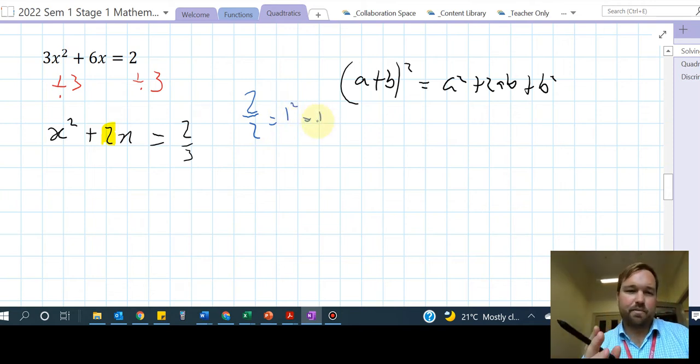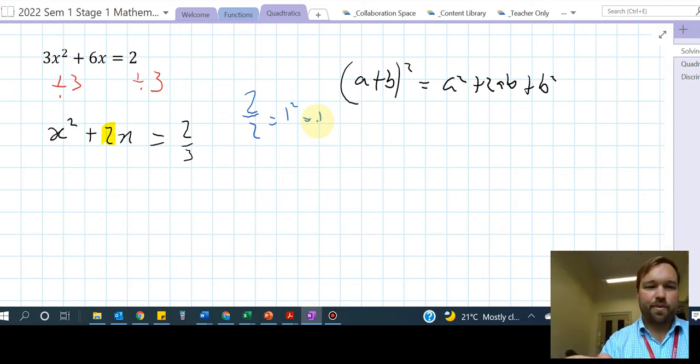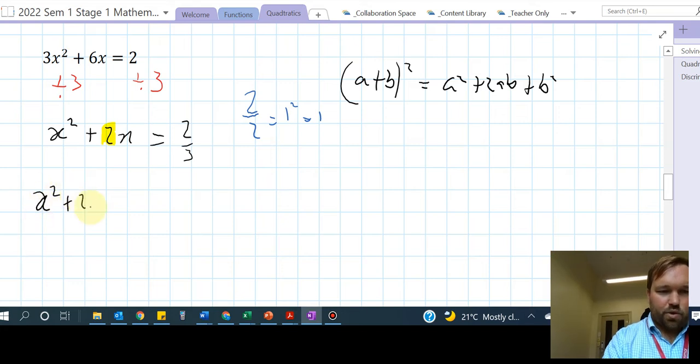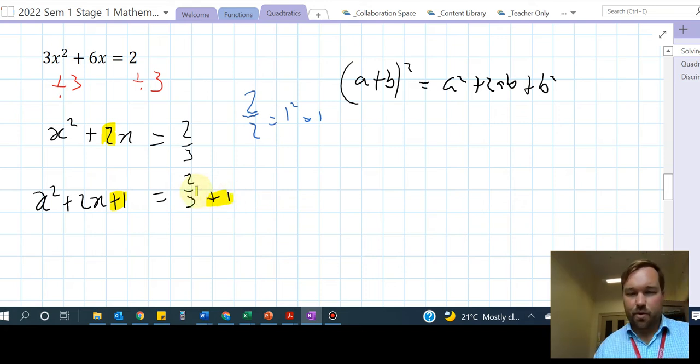Take the center number, or the coefficient of x, halve it, square it, and add it on. So what that looks like is x squared plus 2x plus 1 equals 2 on 3 plus 1. Whatever you do to one side, you must do to the other. So keep it balanced in that respect.